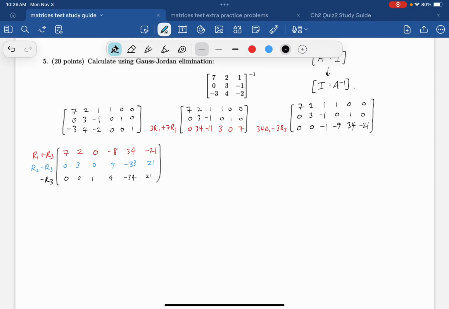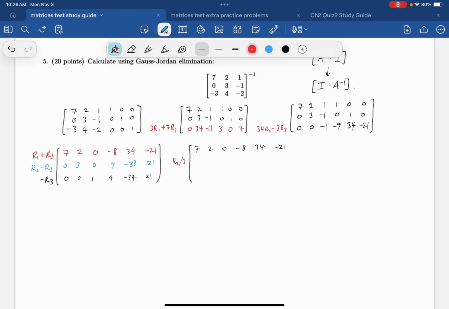All right, final step is to get rid of that 2 on the top. Maybe firstly, just to make this math a little simpler, I'm going to divide the second row by 3. So let's do that. R2 over 3. So I have 7, 2, 0, negative 8, 34, negative 21.